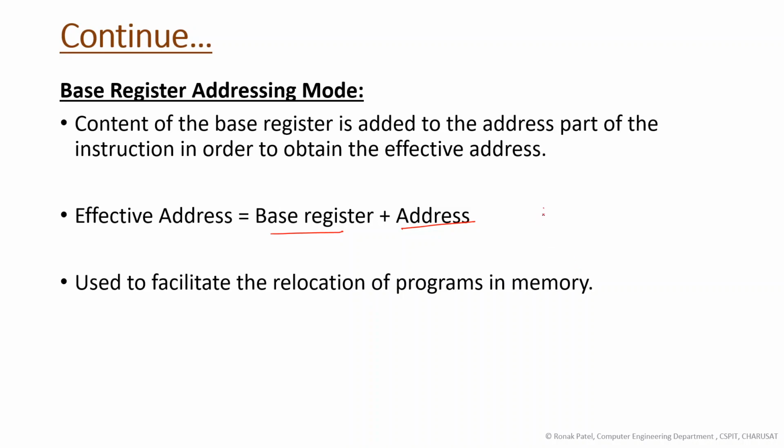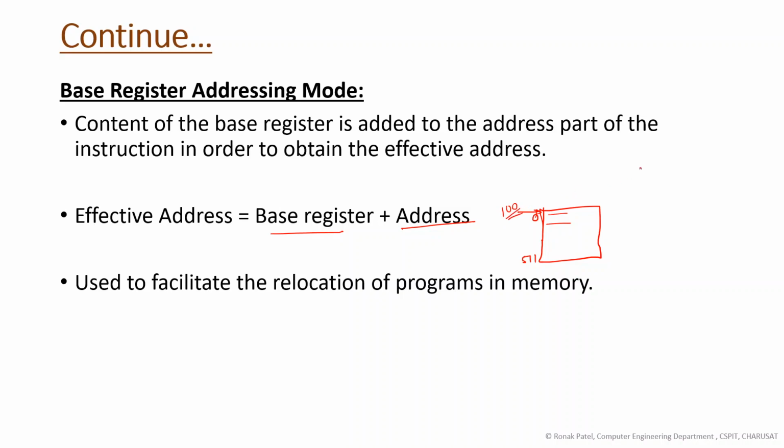Suppose this is my program and this is the base address 100, and the program runs from 0 to 511. Whenever I need to access, I will add 100 plus 0, which is the first byte, then 100 plus 1, the second byte, and likewise I will access. Now I want to relocate this program.